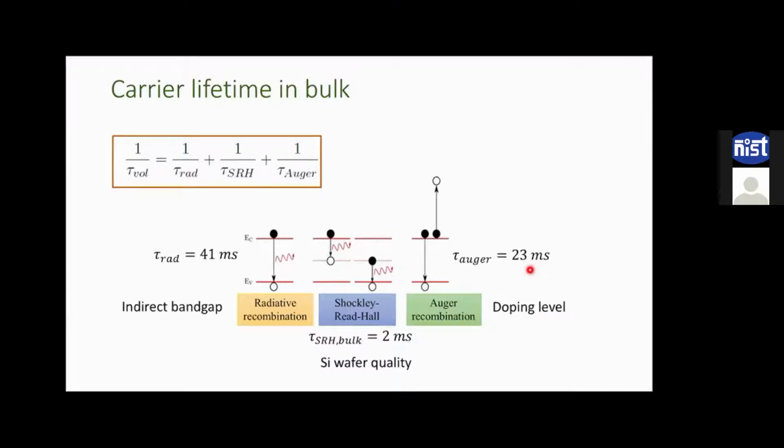Now let's see the Shockley-Read-Hall recombination. If you want a good quality silicon wafer to make a silicon solar cell, you will look for a Shockley-Read-Hall recombination lifetime of around 2 milliseconds. And this depends on what?